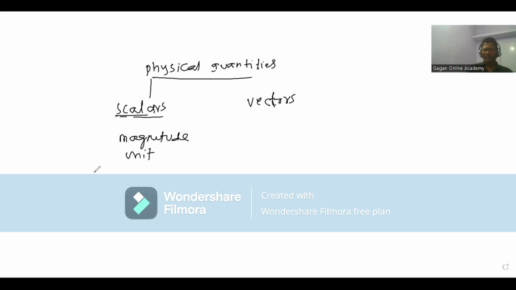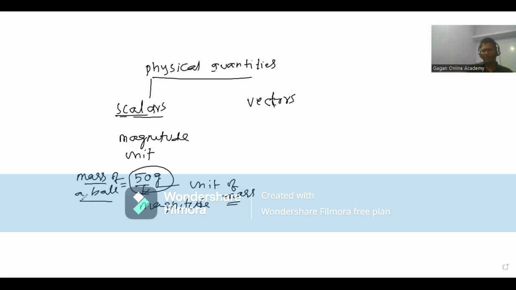For example, if I say mass of a ball is 50 grams. Here 50 is called magnitude and gram is unit of mass in CGS system. No other additional information is required to describe this mass of a ball.